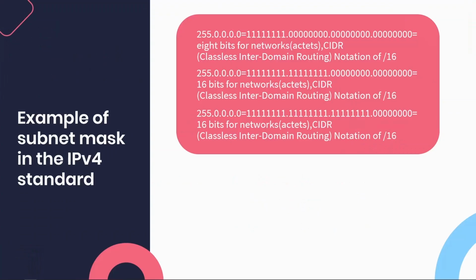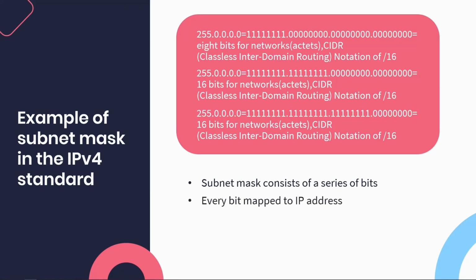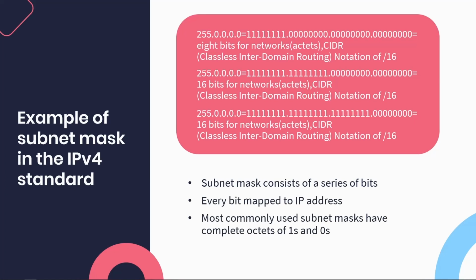From this example of a subnet mask in the IPv4 standard, we can see that a subnet mask consists of a series of bits. Every bit is mapped to the IP address. And in the IPv4 standard, the most commonly used subnet masks have complete octets of 1s and 0s.